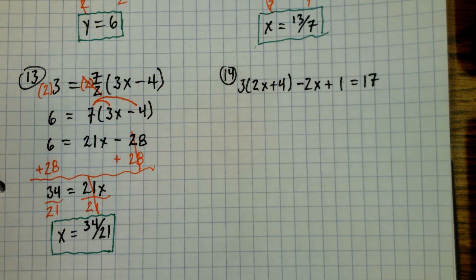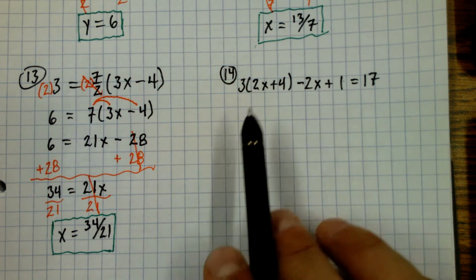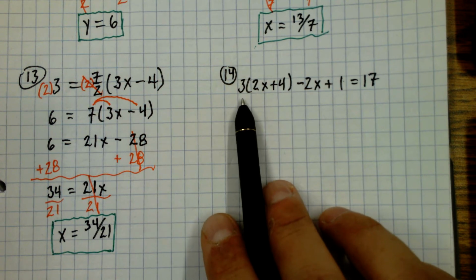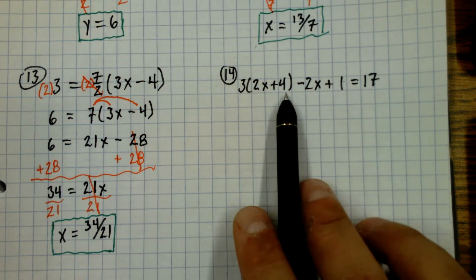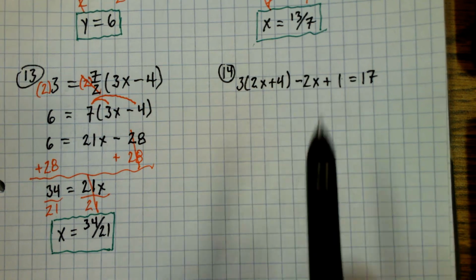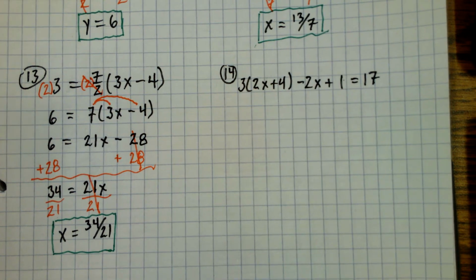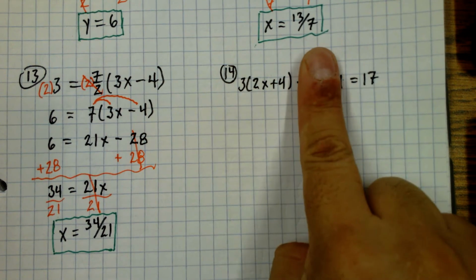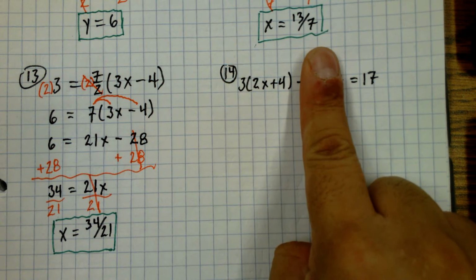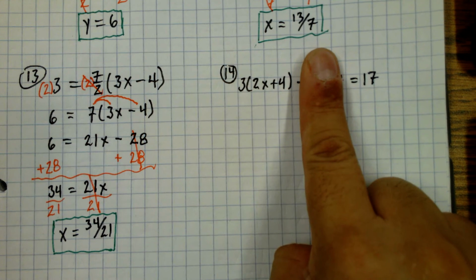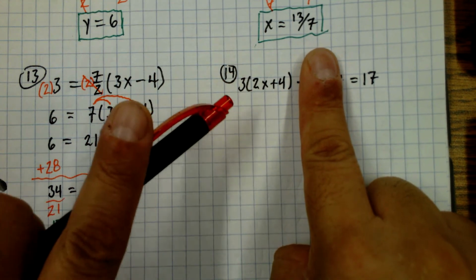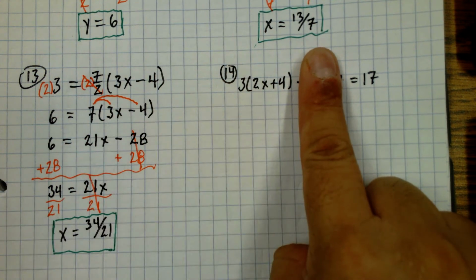All right. So in this case, I can't do that trick I was doing earlier where I divide both sides by 3 because I got all this other stuff outside the parentheses. If I had something just like 3 parentheses 2x plus 4 equals 17, I could, but that's still not a good idea, because does 3 go into 17?